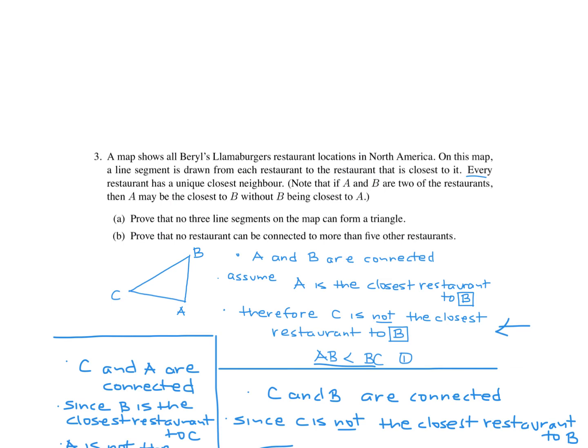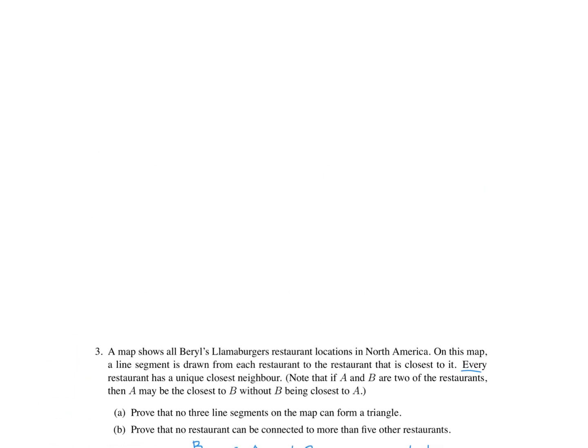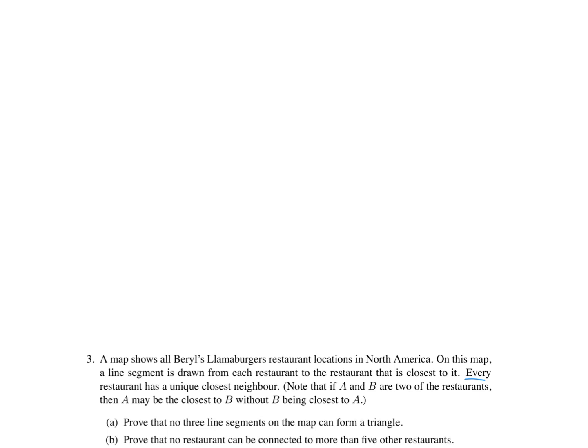Part B, prove that no restaurant can be connected to more than 5 other restaurants. All right. So I'll put that down here. I'm going to need some space. So here we go. Okay, so how we're going to approach this is basically by first making a scenario that it is connected to more than 5 restaurants, and then trying to disprove that.